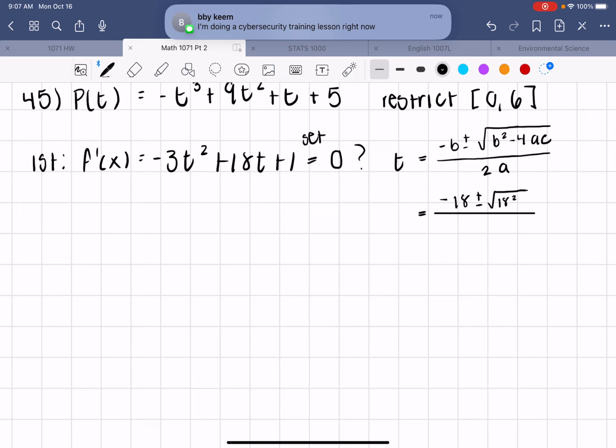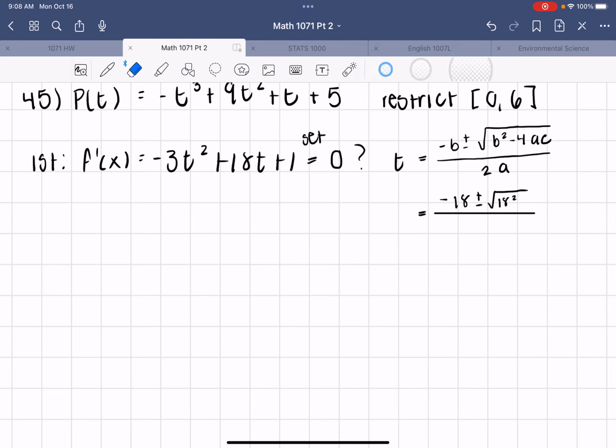18 times 18 is 324. Negative 18 plus or minus the square root of 324 plus 12, 336, over negative 6.